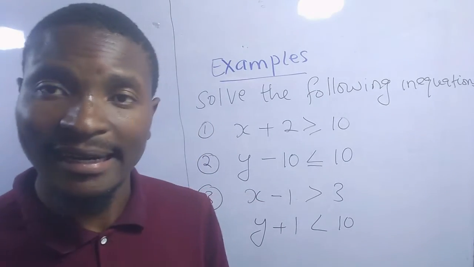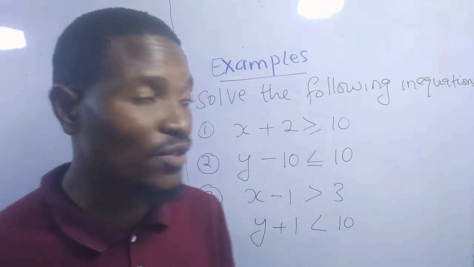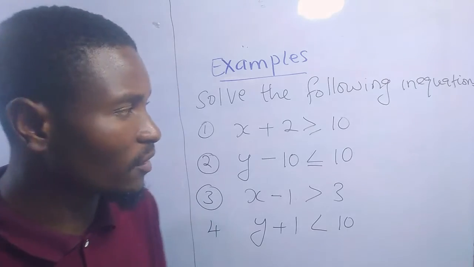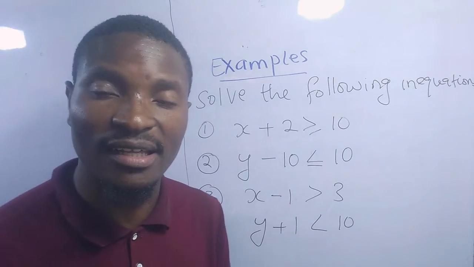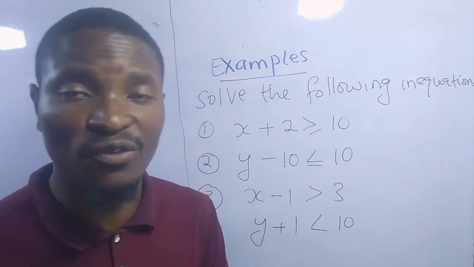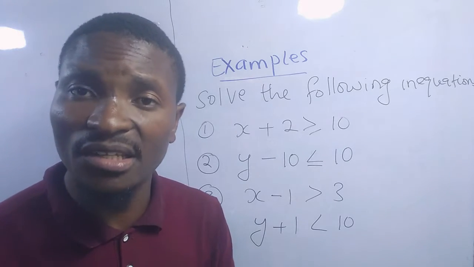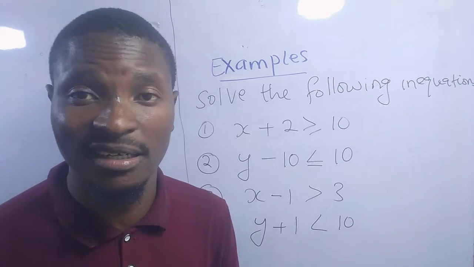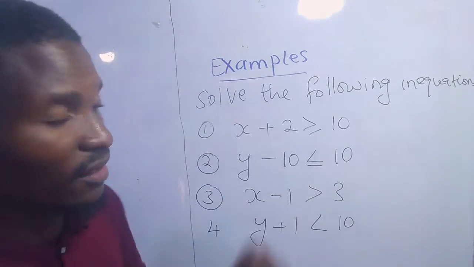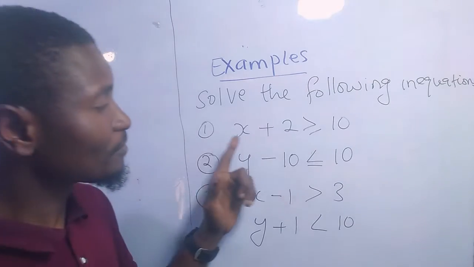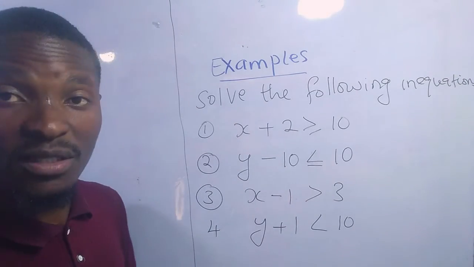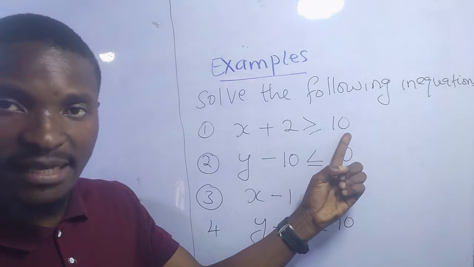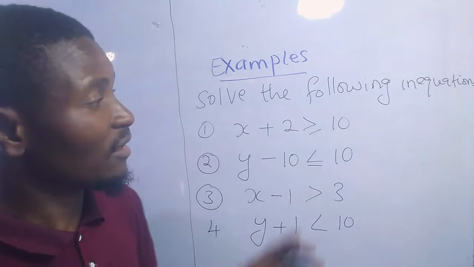Okay, so let's see the examples that we can try to solve, and see how we can understand the meaning of greater than or equal to, less than or equal to, just greater than, and also less than. So we have the examples right here. The first one says x plus 2 is greater than or equal to 10. That's how you read this symbol.